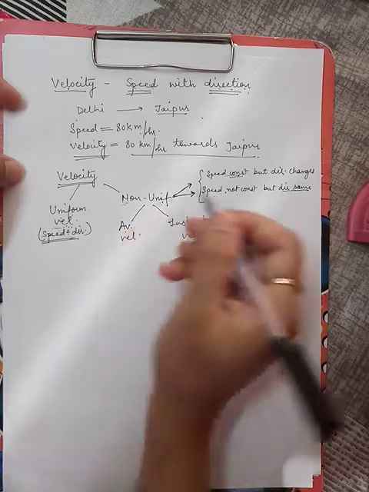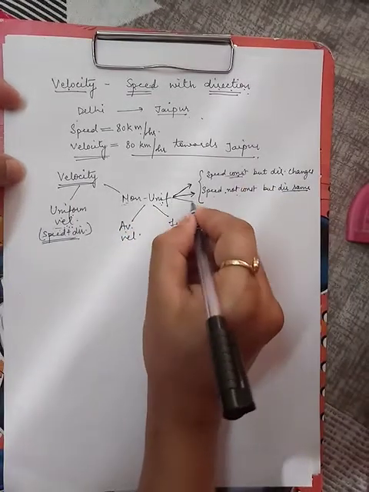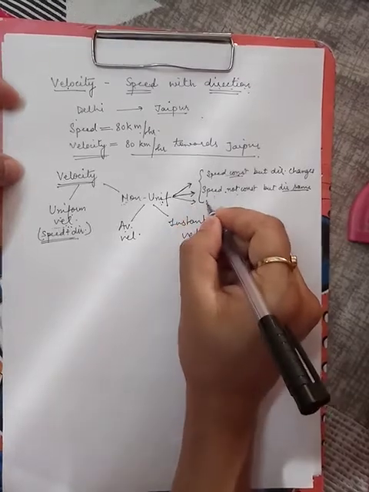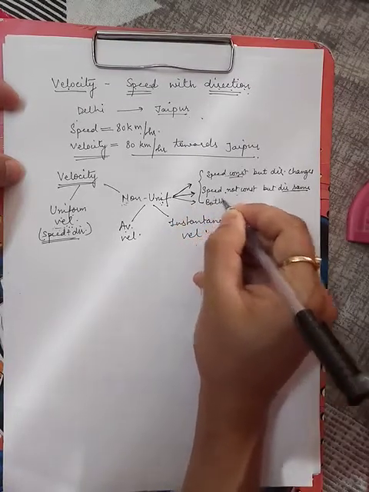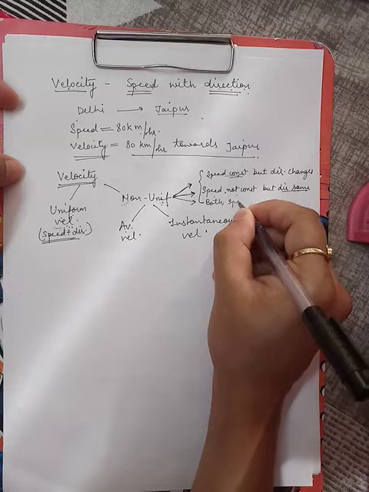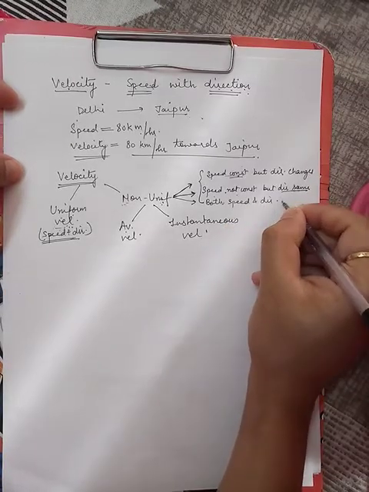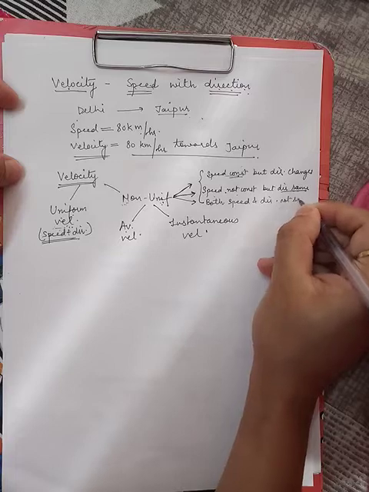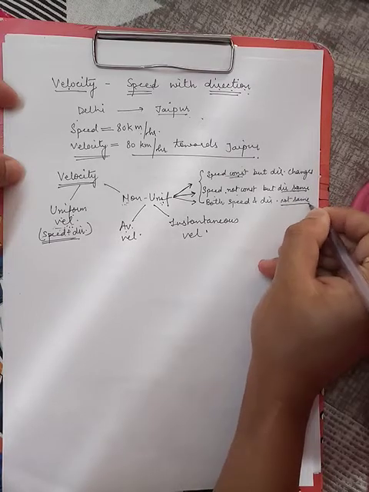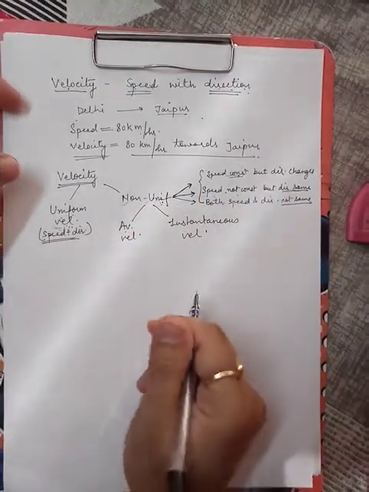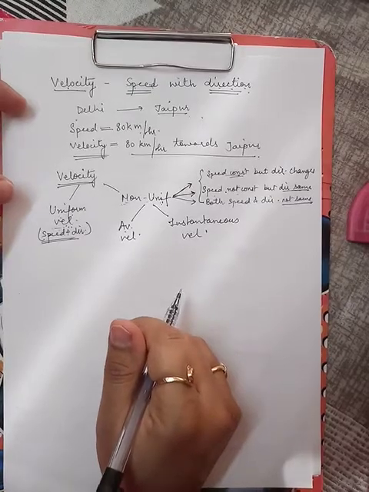velocity. And in other case also, in the third case, if both are not constant, both speed and direction are not same, then in that case also we will say the object is having non-uniform velocity.